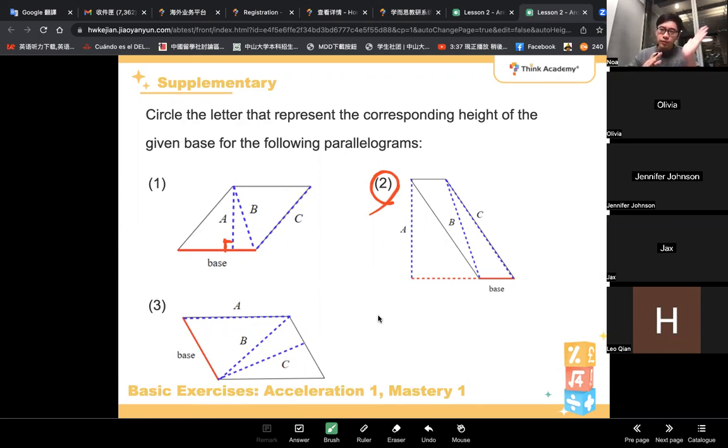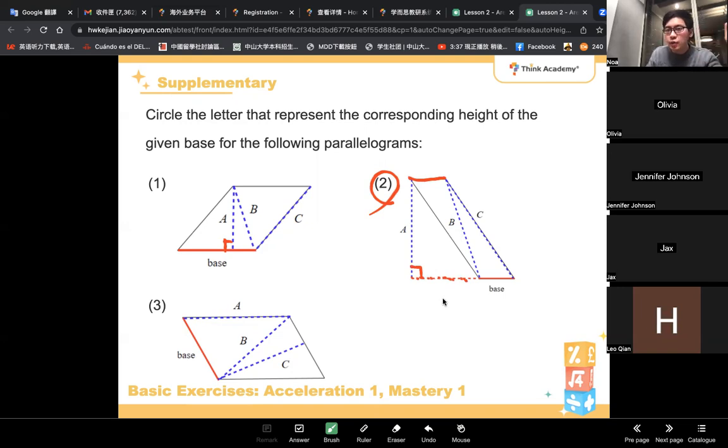If we have a parallelogram leaning like this, almost falling down, what do we do? We extend the base a little bit to help us find the perpendicular distance between the base and the opposite sides. You can say B and C are all distances, but are they perpendicular? No. So B and C are not an option.